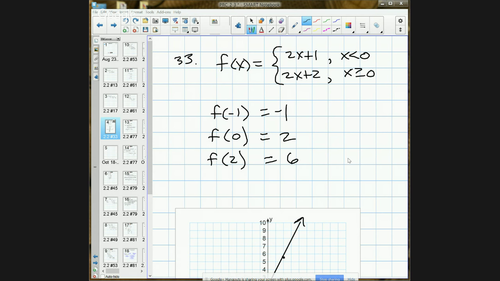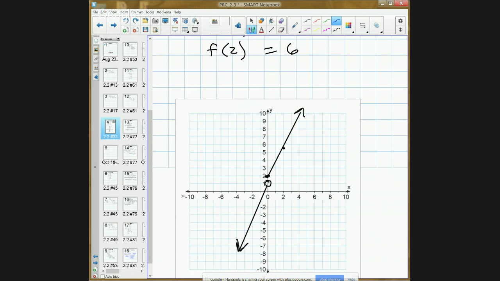I did make a graph, not that we had to use it, but a piecewise function literally has a graph in pieces, and you see how we have two chunks to the graph. And why do I have the open circle on the bottom one?